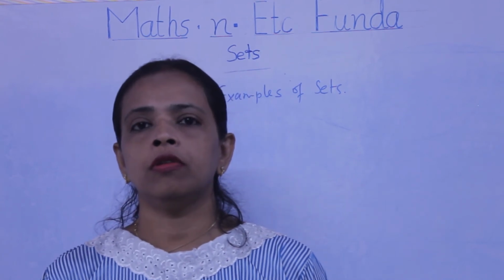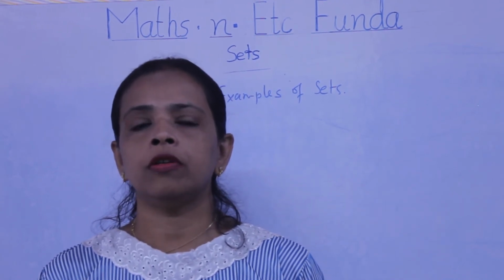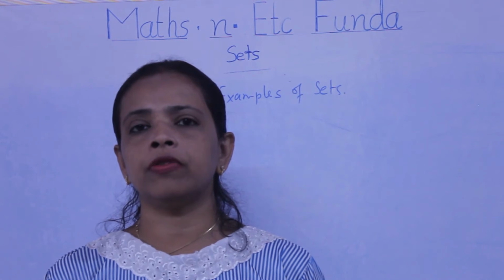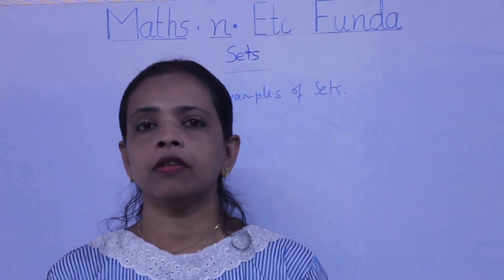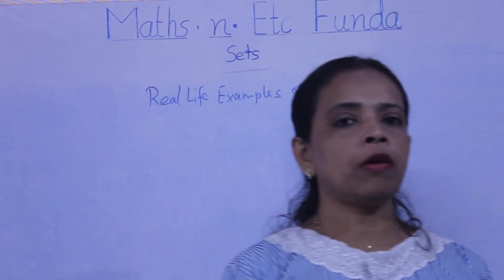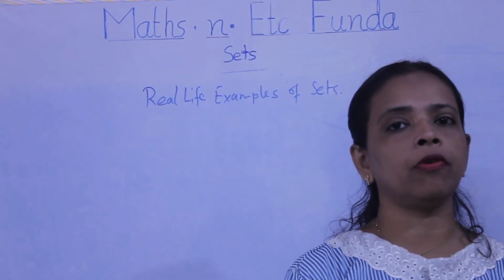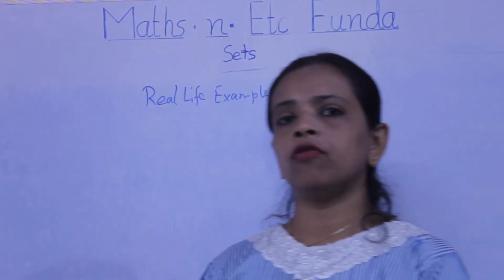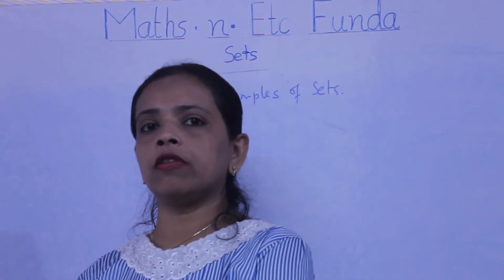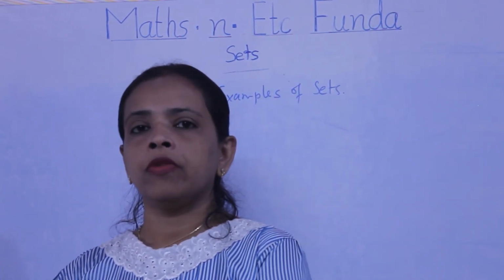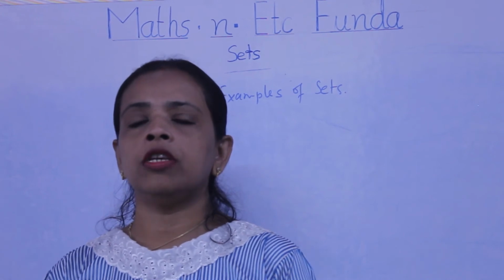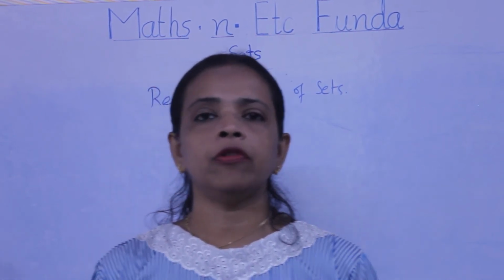In our school, we see different classrooms for different grades. Some classrooms are for class 1, some for class 2, some for class 10, some for class 12. So these are all examples of sets.